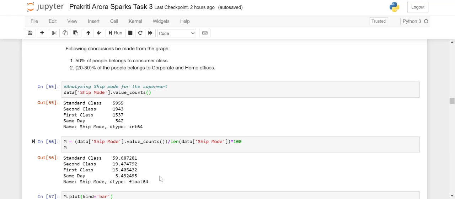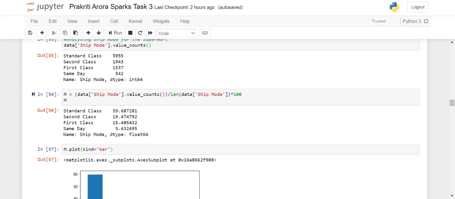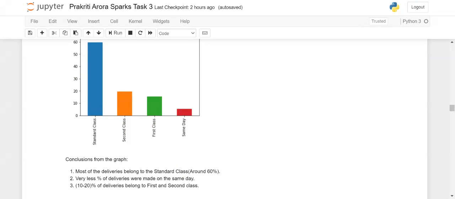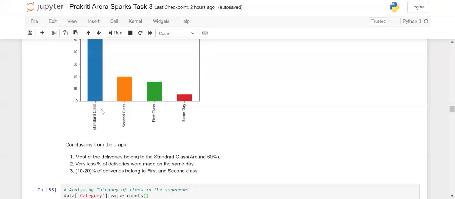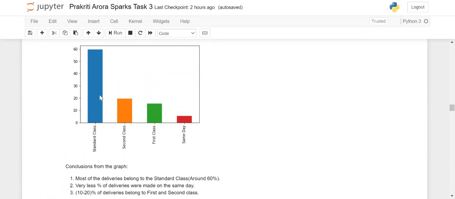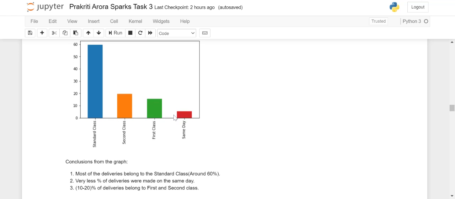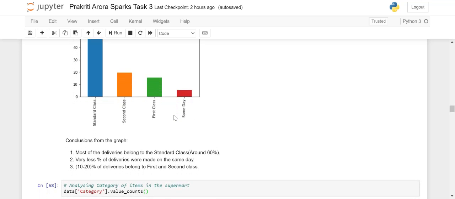So we'll take the percentage and plot it on the graph, and from this histogram we can clearly see that most of the deliveries belong to the standard class. Most of the people order standard class delivery, around 60%, and second and first class around 20%. And for the same day delivery, it's a very small percentage.